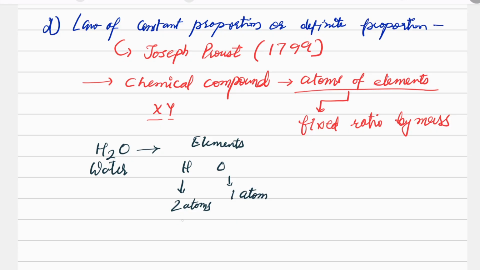So let's take their weight. One hydrogen atom has a weight of approximately 1, so 2 will have 2 units. This is the mass we are talking about. Oxygen has 16 units.